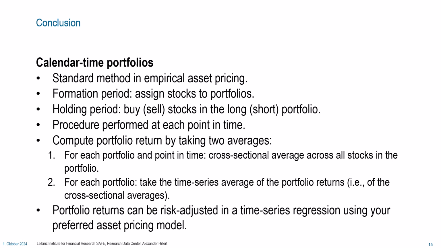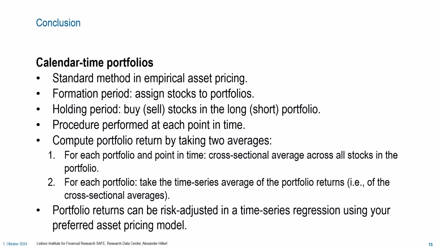We have the formation period, at the end of which we assign stocks to portfolios based on a trading signal, stock characteristics. And then we hold these portfolios during the holding period, meaning we buy the stocks in our long portfolio and sell short the stocks in our short portfolio. We perform this procedure at each point in time. That's why we have the name calendar time portfolio approach.